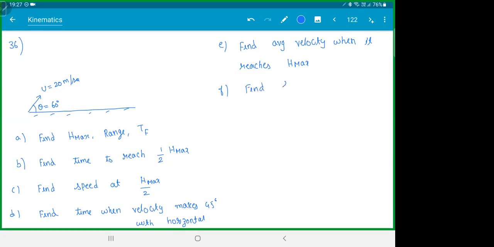Find speed when it makes an angle 30 degrees with the horizontal.